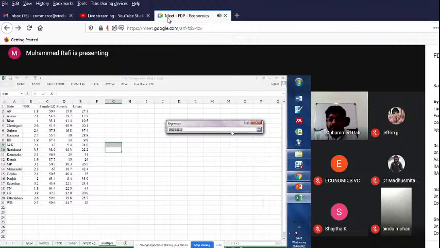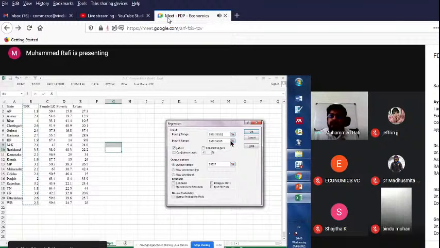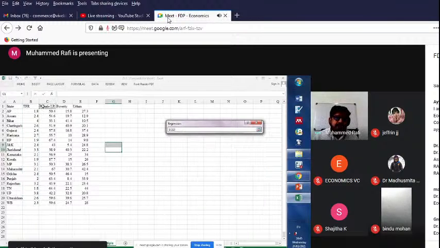So the input Y range is the dependent variable, the total fertility rate. And the independent variables, you can select these two. I'm going for a three variable model. So I'm selecting two independent variables, female literacy rate and the poverty.